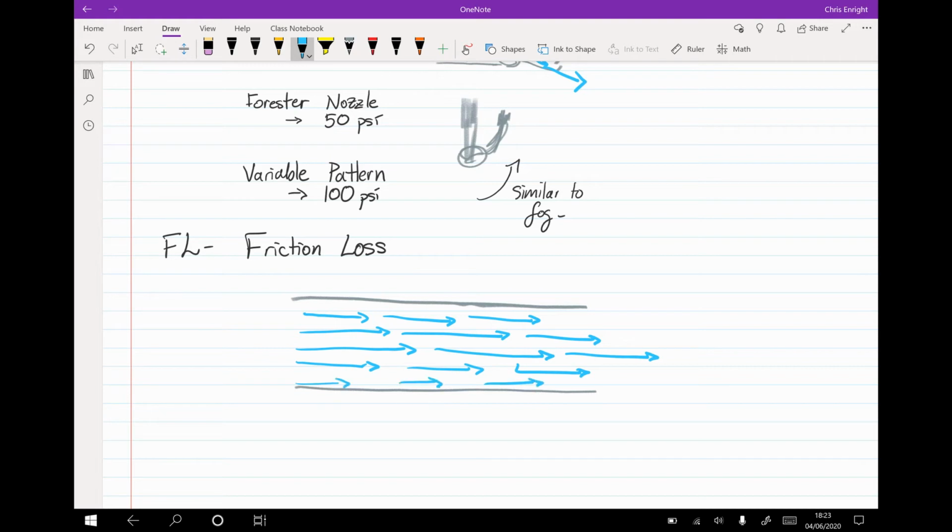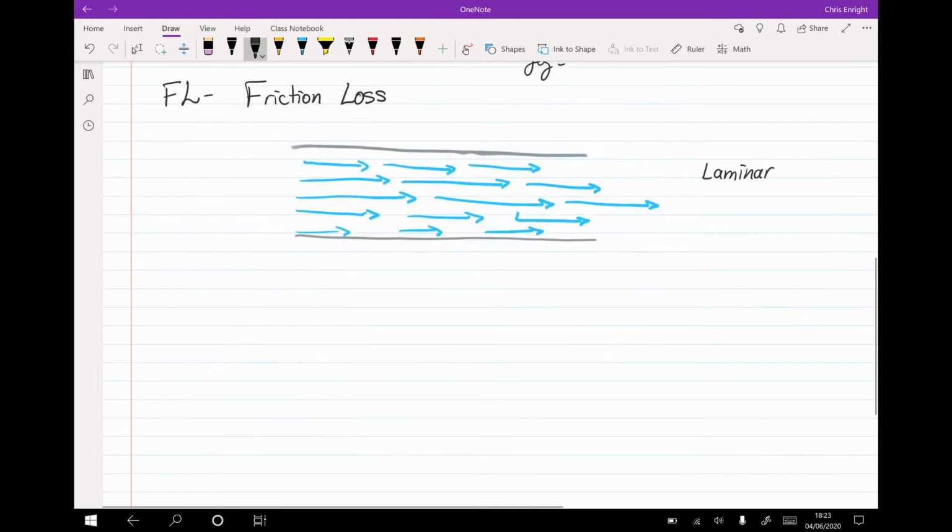Laminar meaning sheets, so water is sliding nicely across itself in sheets of flow, nice and smooth. Think a quick but calm stream. Laminar flow is good. It's low velocity, but low loss, but very smooth.